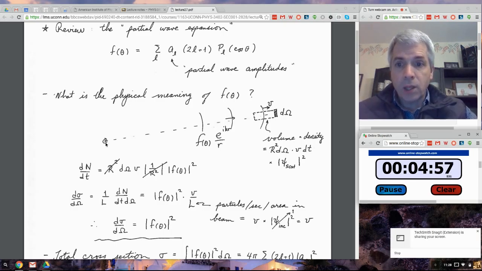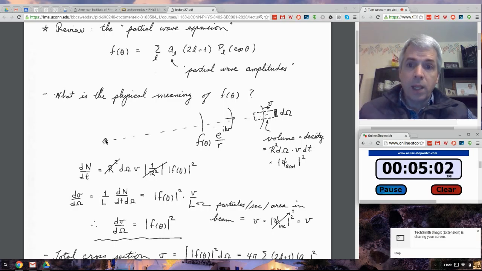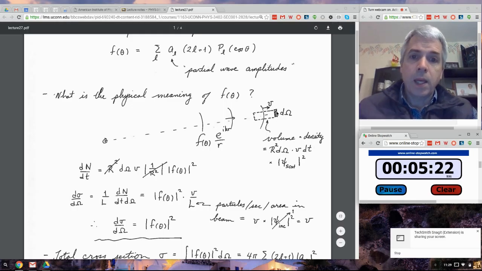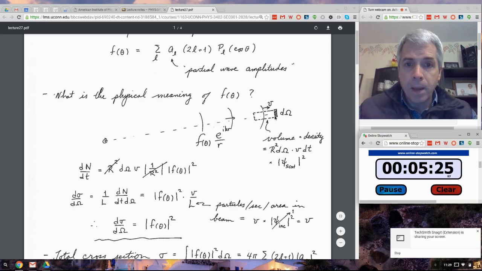For that which comes out of the circle, scattered into all the angles away from the beam, the description is just spherical waves with the radial form e to the i k r over r and the angular form f of theta. Now we'll put the detector here, far away, represented by this shaded box, and facing the target so that it subtends a certain small fraction of the total outgoing spherical wave.